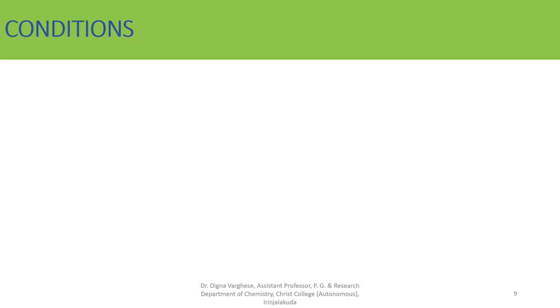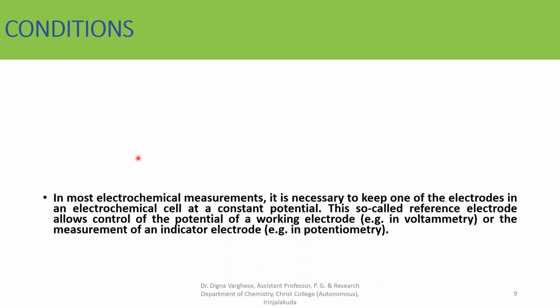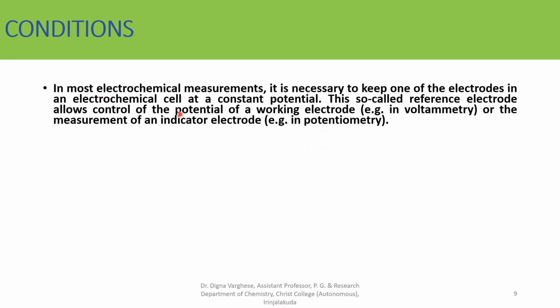Conditions. In most electrochemical measurements, it is necessary to keep one of the electrodes in an electrochemical cell at a constant potential. This so-called reference electrode allows the control of the potential of a working electrode or the measurement of an indicator electrode.